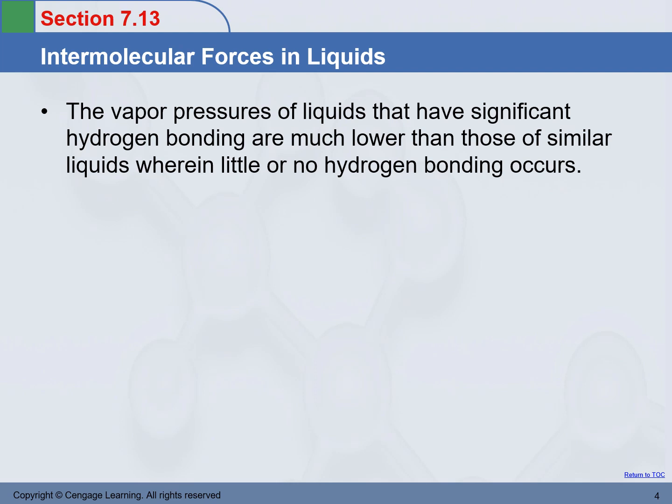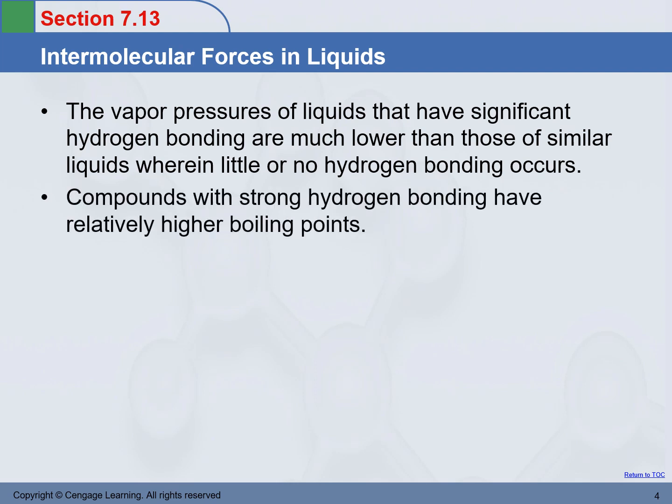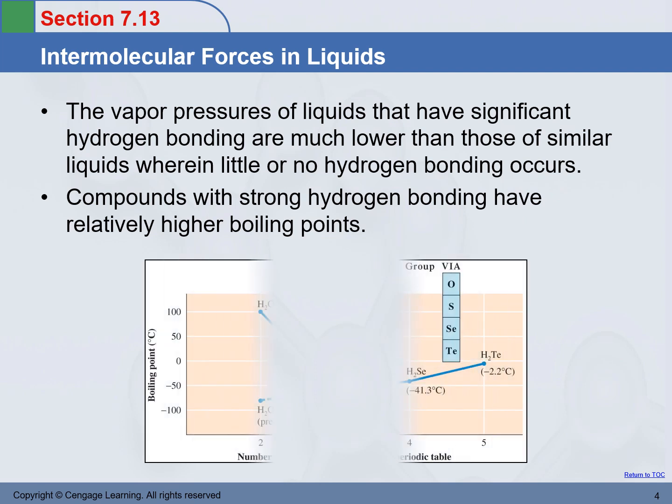I hope that makes sense. Hydrogen bonding is the strongest intermolecular force. Stronger intermolecular force, lower vapor pressure, higher boiling point. When the vapor pressure is lower, boiling point will be higher. Compounds with strong hydrogen bonding have relatively higher boiling points.